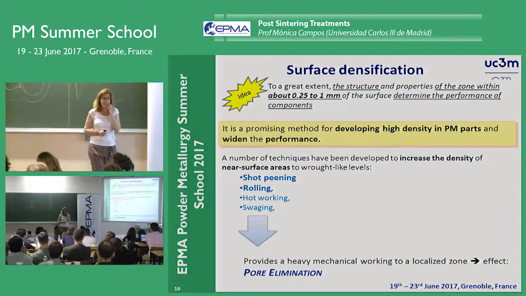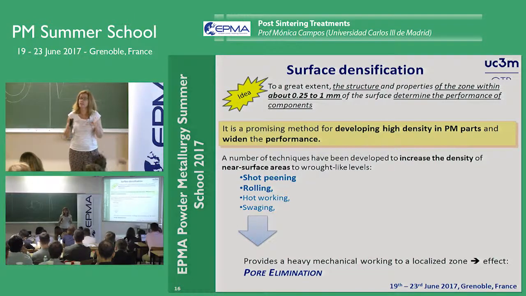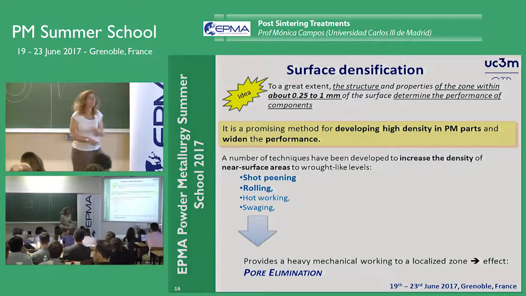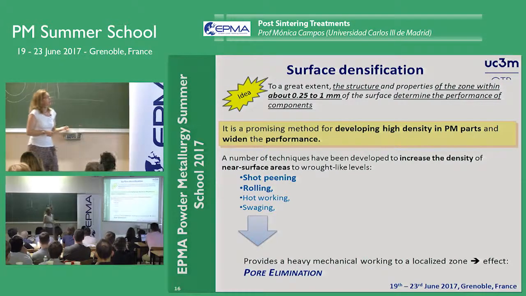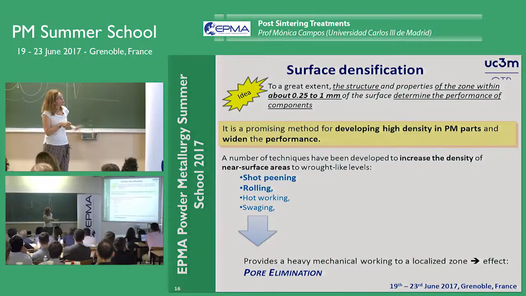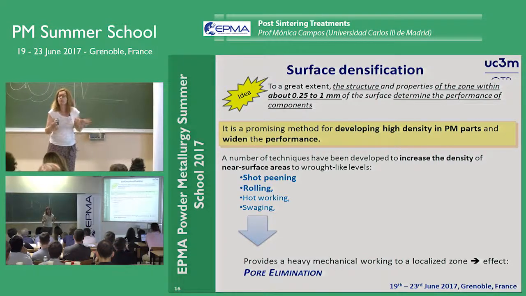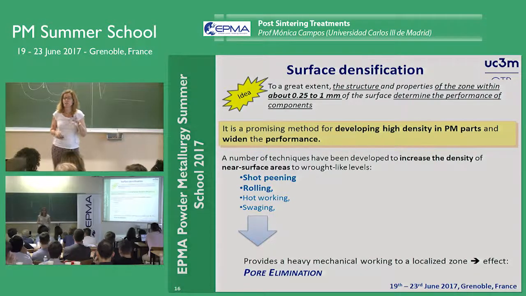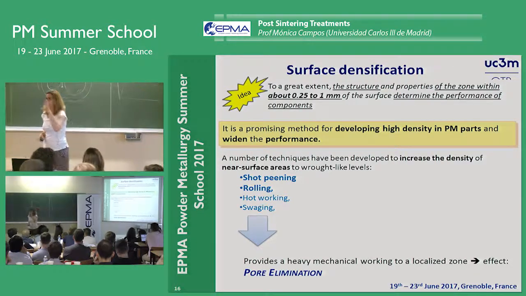Another option is to think about densification on the surface. The idea was that, to a great extent, the structure and the properties of the zone within about 1 millimeter, let's say 1 millimeter, determine the performance of the component. This is the idea.